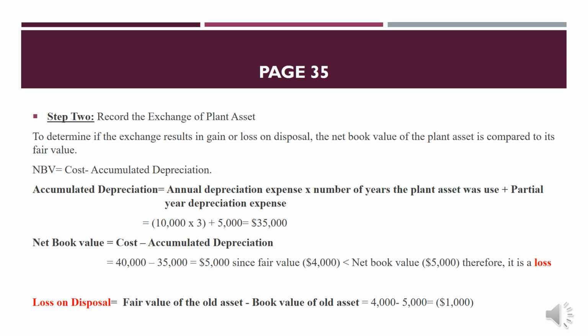This means that in our books, the truck is valued as $5,000, whereas in the market it's valued as $4,000. So here we will have a loss on disposal because the net book value is higher than the fair value. The loss can be calculated as the fair value minus the net book value. So we have $4,000 minus $5,000. So we'll have a loss on disposal of $1,000.